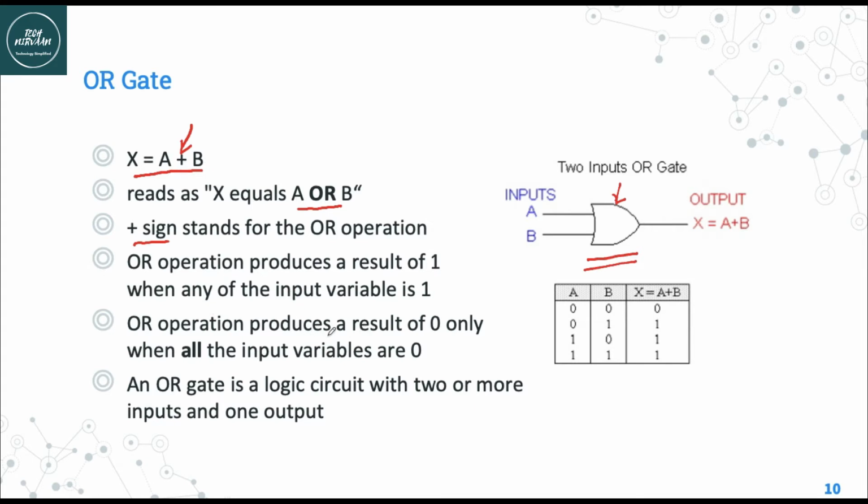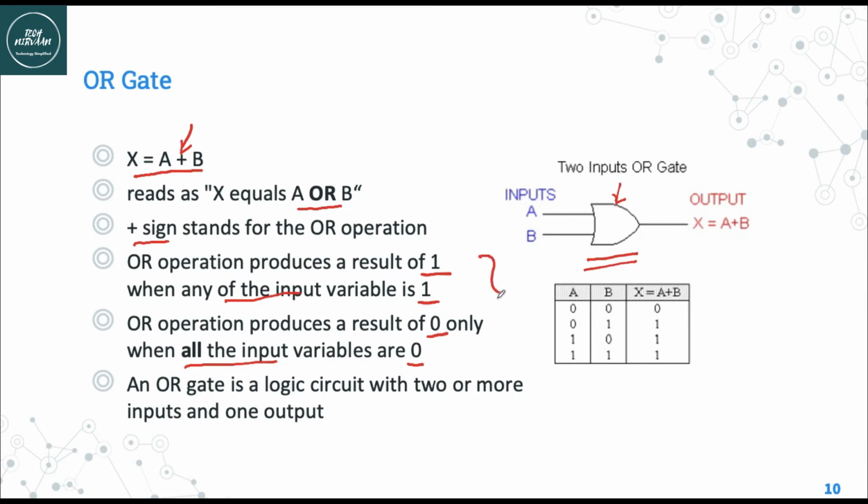The OR operation produces result 0 only when all the input variables are 0. Again, OR operation will produce result 0 only when all the input variables are of 0 logic. The OR operation will produce result 1 when any of the inputs is at logic level 1.